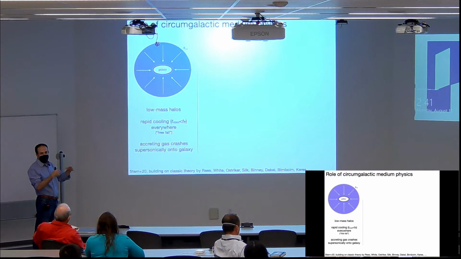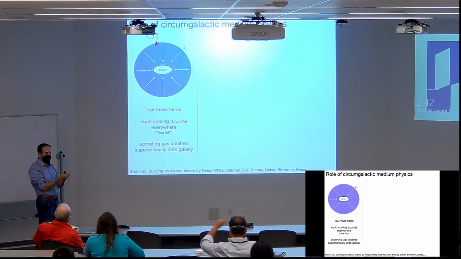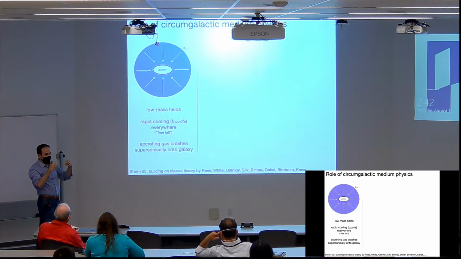And so in that regime, the gas essentially free falls cold into halos and accretes supersonically onto the central galaxy. And the supersonic accretion, I believe, is important because it means the central galaxy doesn't know that cold streams and cold clumps are coming towards it. So it might be surprised when it gets bombarded by this infalling cold gas.